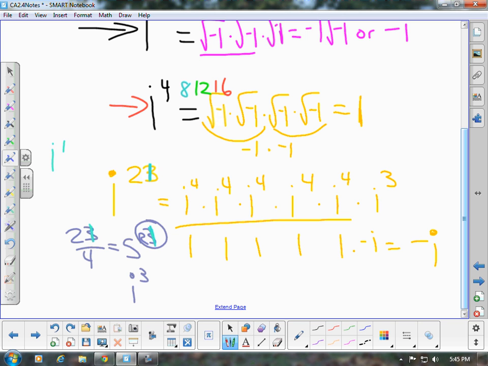If you were trying to find i to the 28th, 28 divided by 4 works out evenly, so therefore it is 1. And if you had i to the 26th power, 26 divided by 4 doesn't go in evenly, so there's 2 left. That would be a negative 1.